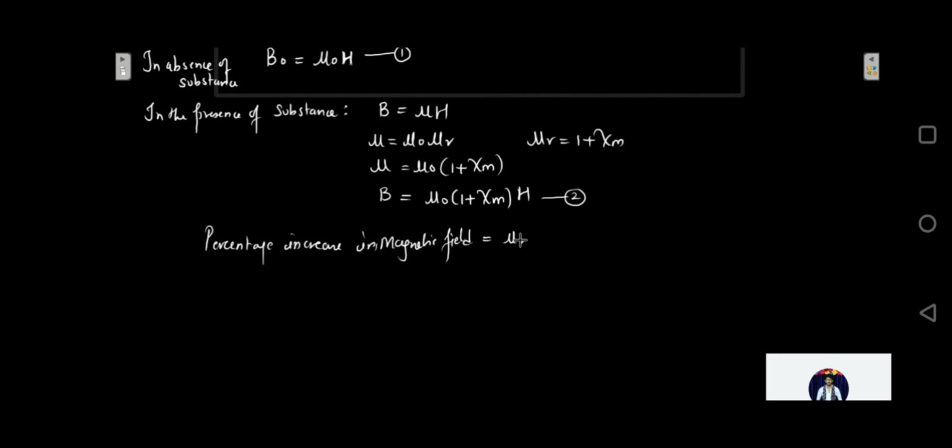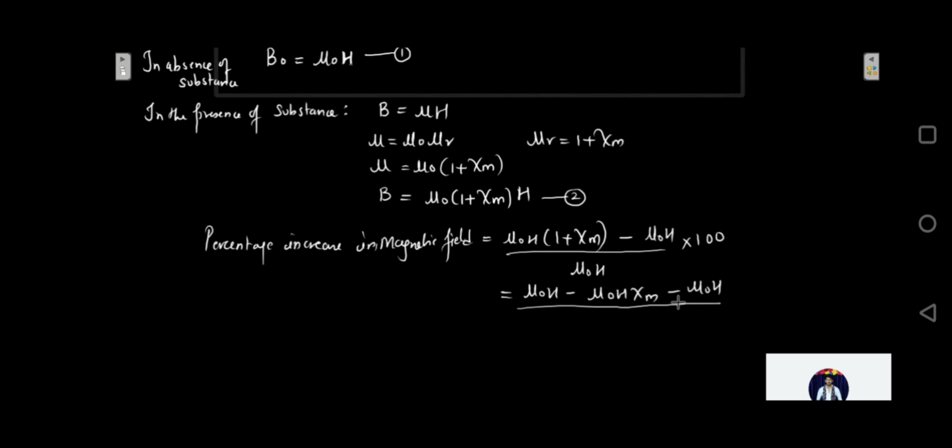So mu naught into H into (1 plus psi m) minus B naught, which is mu naught into H, divided by mu naught into H, multiplied by 100. Open this up: mu naught into H minus mu naught into H into psi m minus mu naught into H, divided by mu naught into H, multiplied by 100.